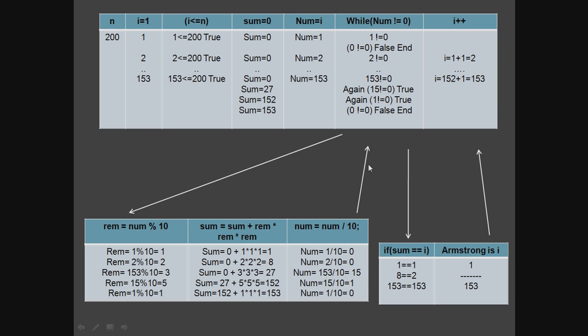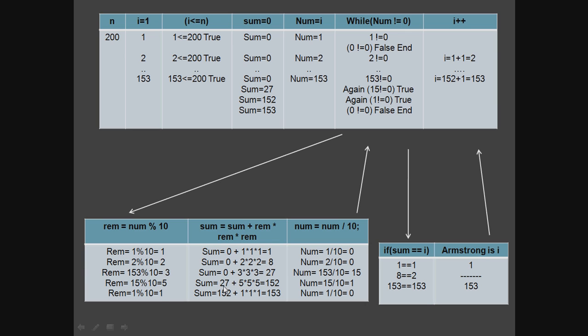Then again you come here with this 15, because this is in the while loop. As long as the while loop test condition is true, that is num not equal to 0, it keeps going; only when num equals 0 will it come out. So here 15 not equal to 0, yes, so again it will come here. Then it takes the remainder, you get 5.